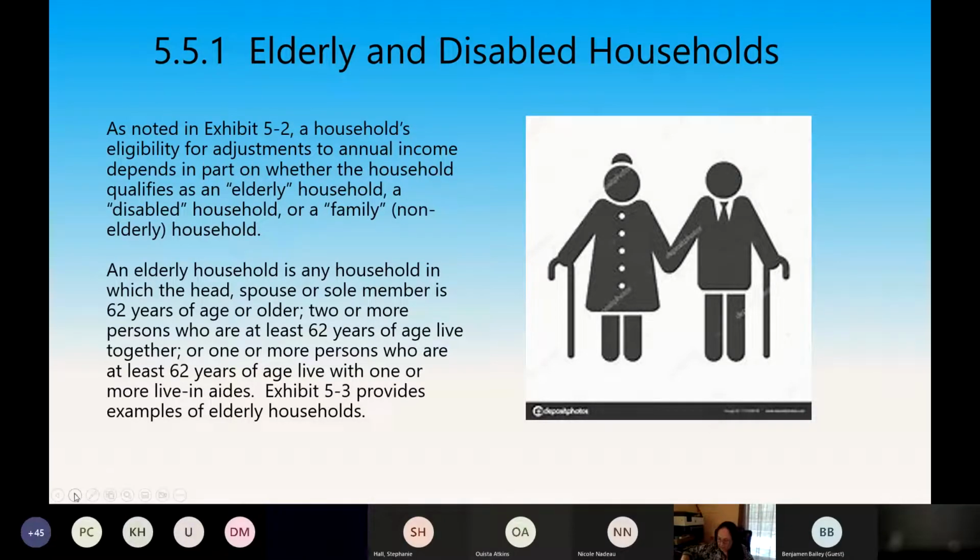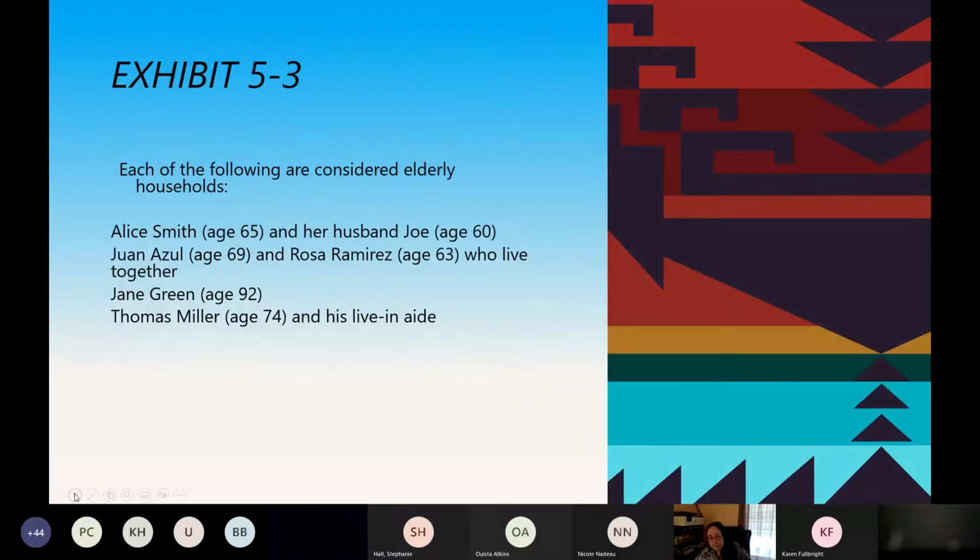An elderly household is any household in which the head, spouse, or sole member is 62 years of age or older, or 2 or more persons who are at least 62 years of age live together, or 1 or more persons who are 62 or older live with 1 or more live-in aides. Exhibit 5.3 provides examples of elderly households. Each of these is considered an elderly household.